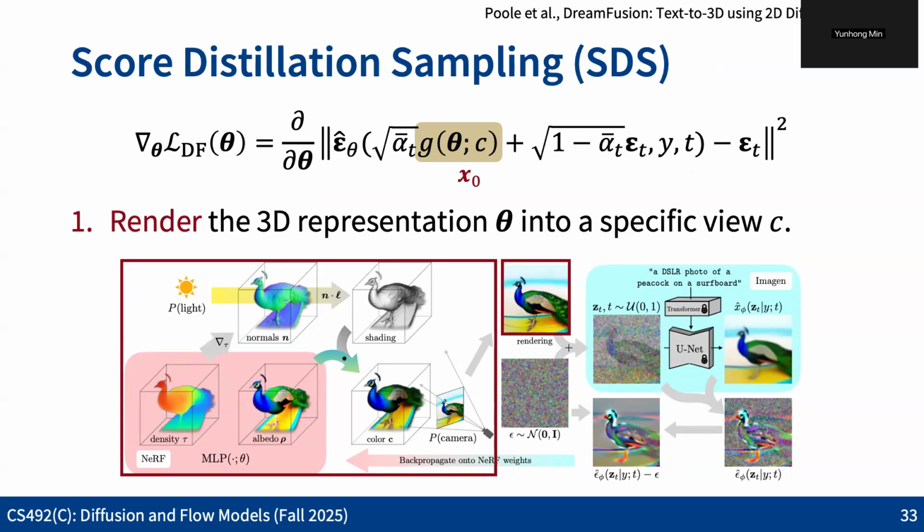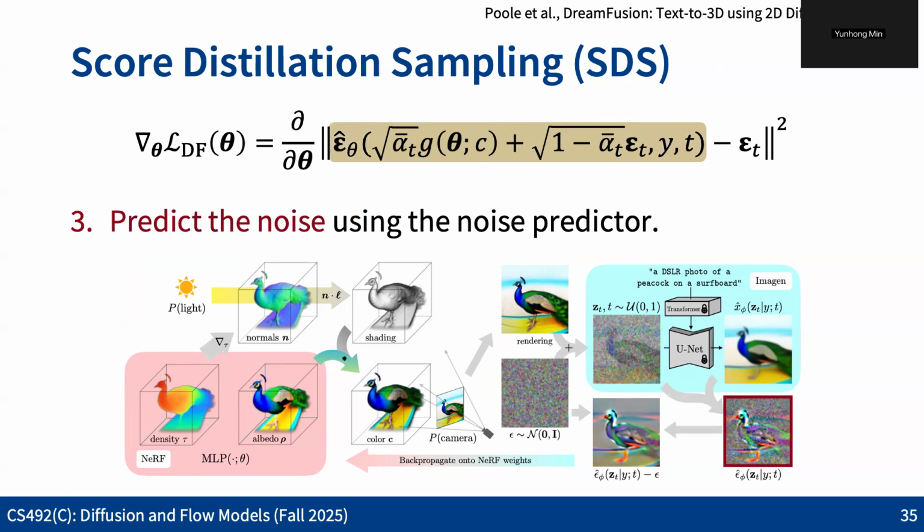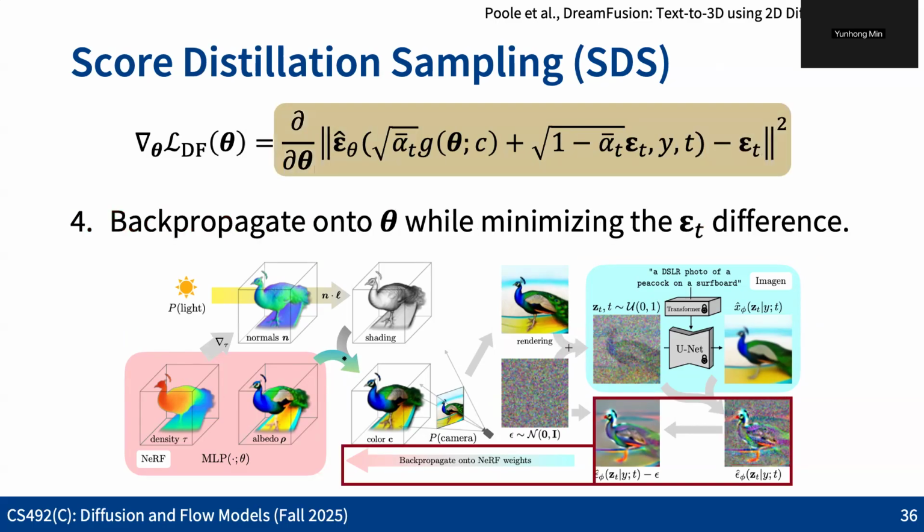Then, recalling how we train the diffusion model, we perform the forward process, adding noise to make the intermediate data point xt, and predict the noise using our pre-trained noise predictor. We measure the difference with the noise that we added in the forward process, compute the loss, and perform the backpropagation. That's the basic idea.